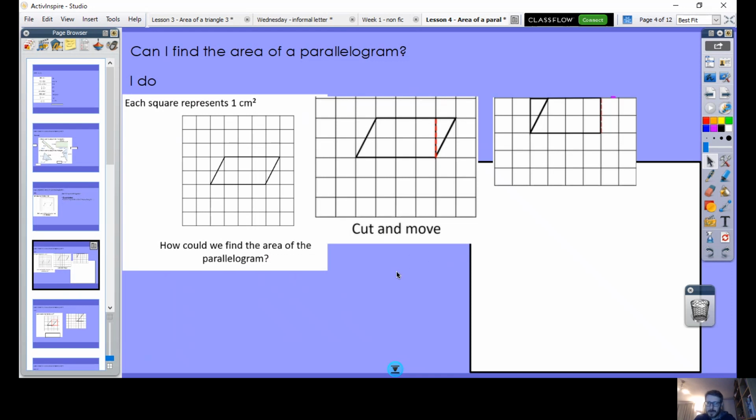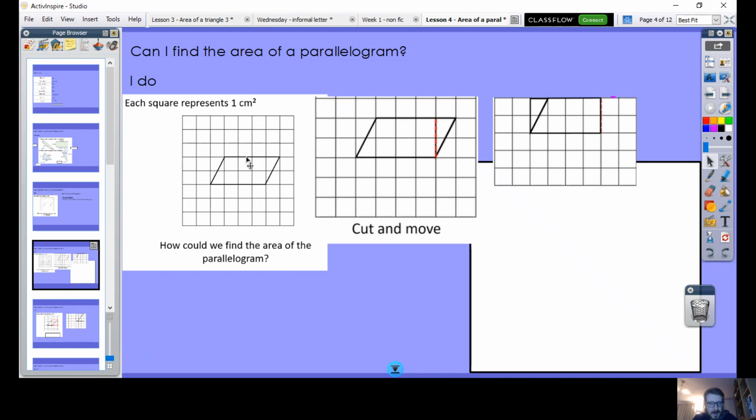Just like we did with the triangle, we turned the triangle into a rectangle, and then we halved it to be able to find the area of the triangle. We can kind of do the same with the parallelogram, because we can change it into a rectangle. Remember I said it's kind of like a squished rectangle, so we can easily change the parallelogram into a rectangle and then think about how much space that shape takes up.